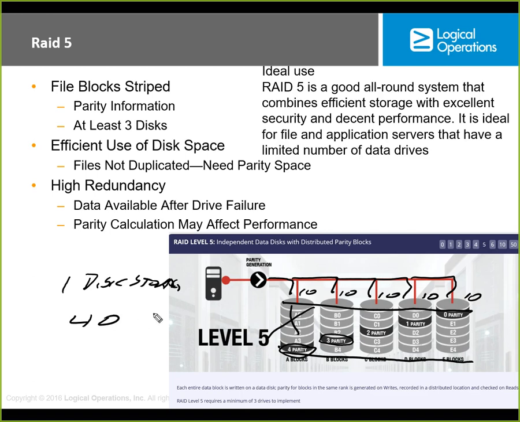We lose 1 disk space worth of storage when we do that. Good for all-around system that combines efficient storage, excellent security, and decent performance. It's ideal for file application servers that have a limited number of data drives.